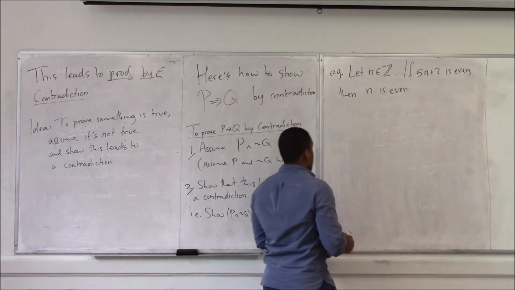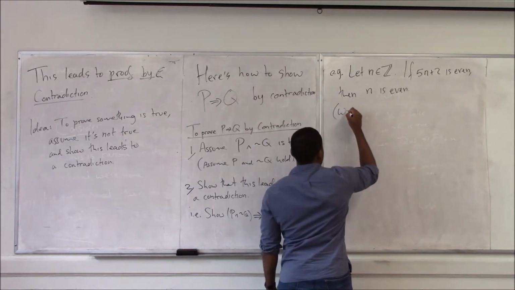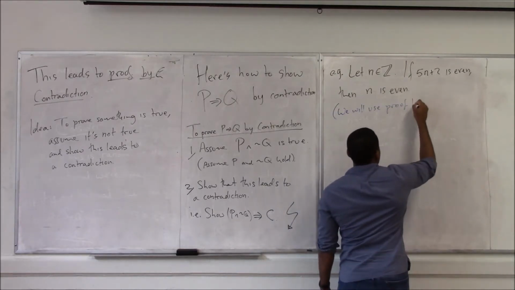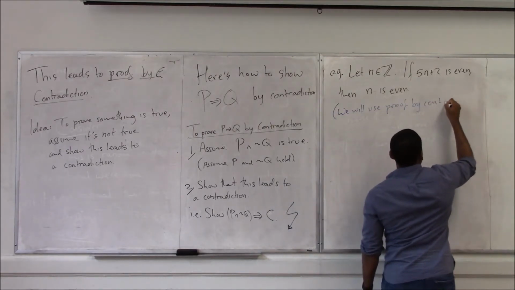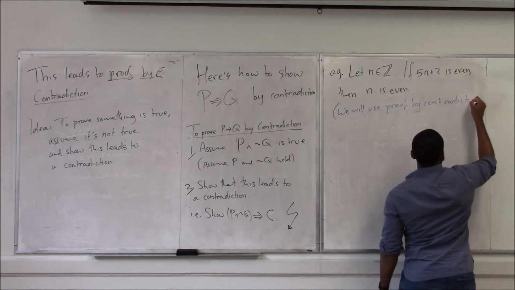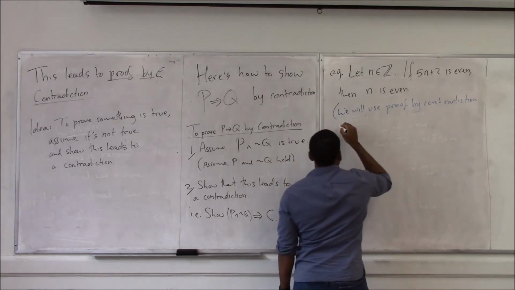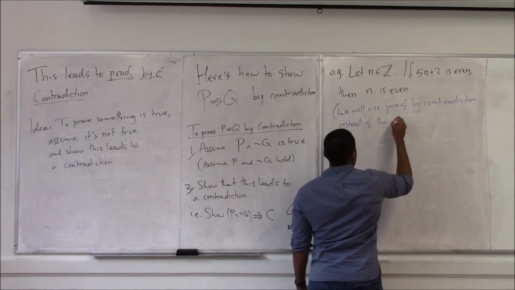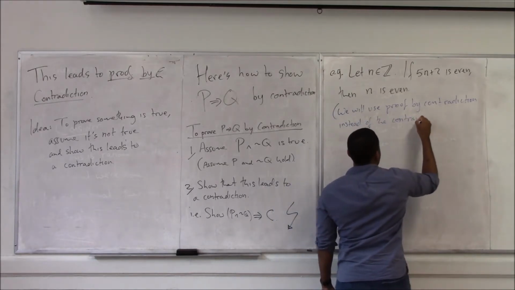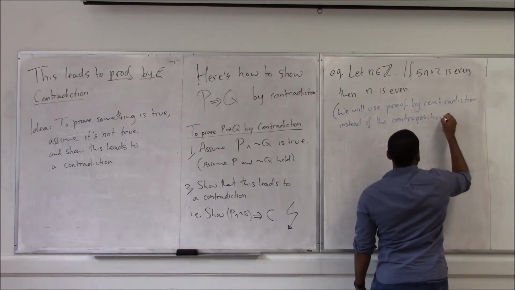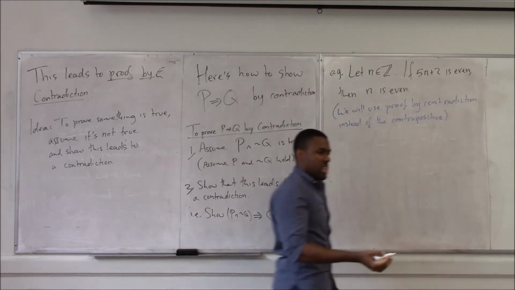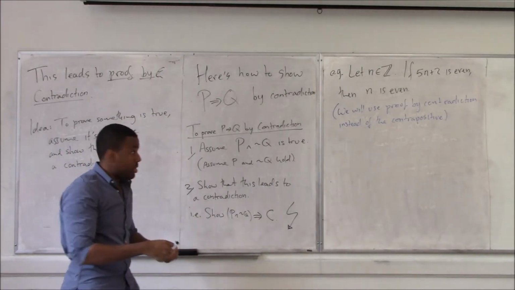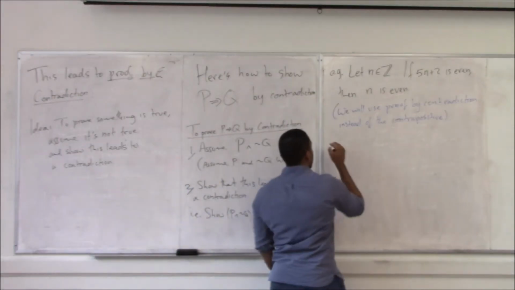But we're going to use proof by contradiction, just for you to see how its structure can vary. Let's actually do this proof.